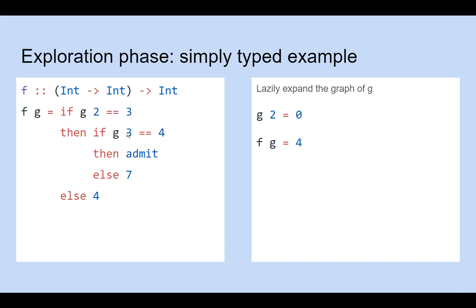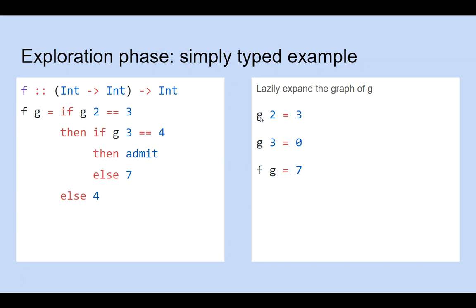If g given 3 equals 4, then we're going to need to record this use of our scary syntax, and otherwise we'll give back 7. So we can evaluate this program, and when g needs to figure out what it's doing, we can test it on different possible outputs. So here we say when g of 2 equals 0, then this whole thing, f of g, is going to equal 4.